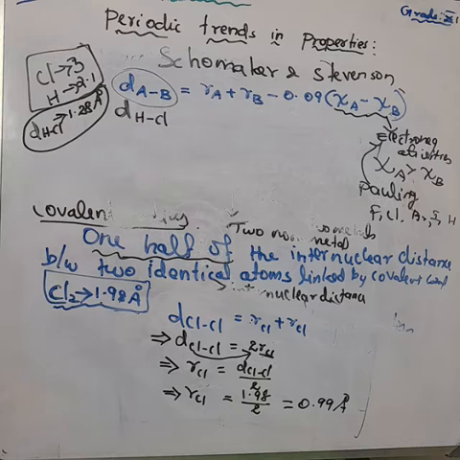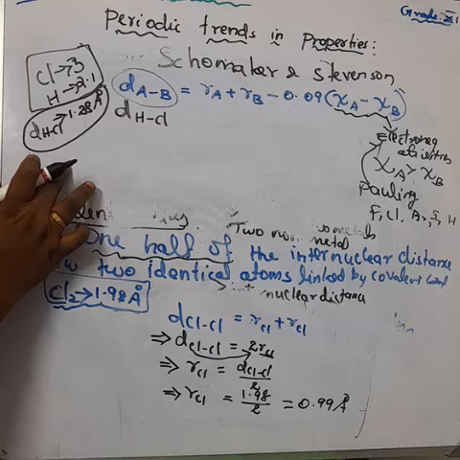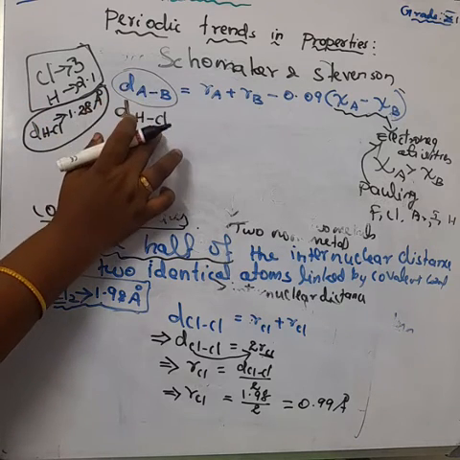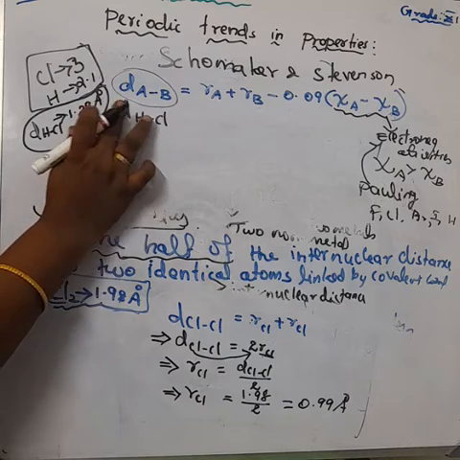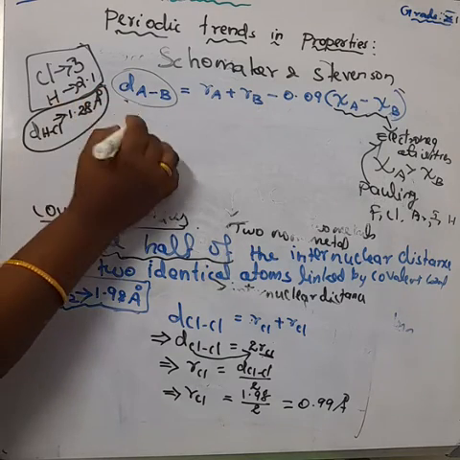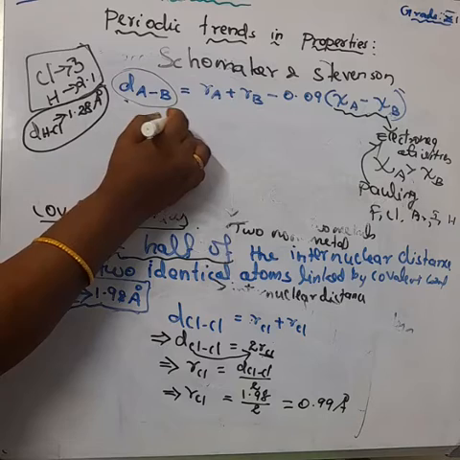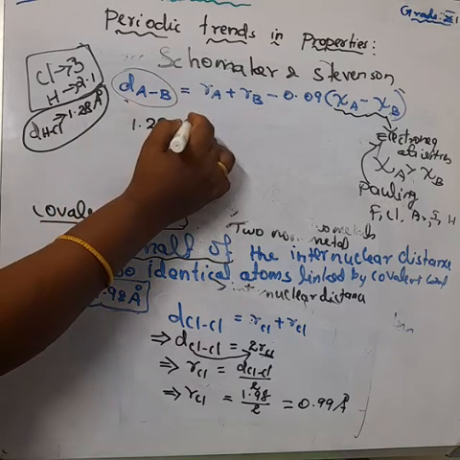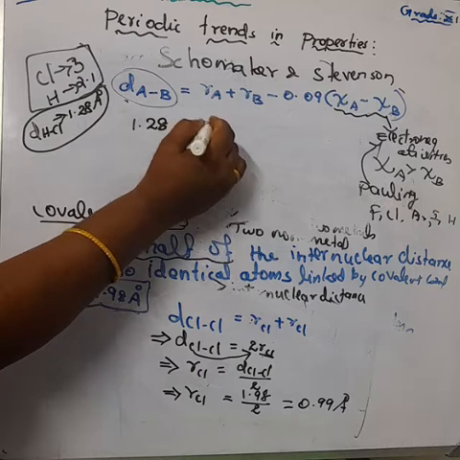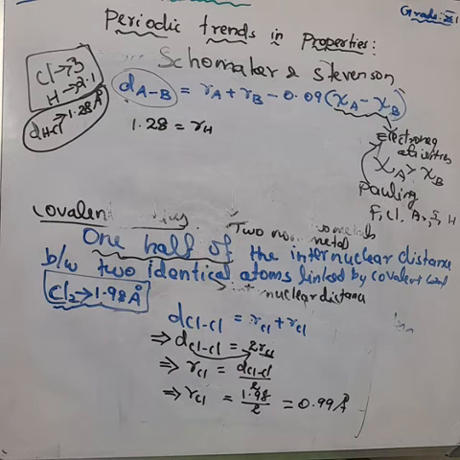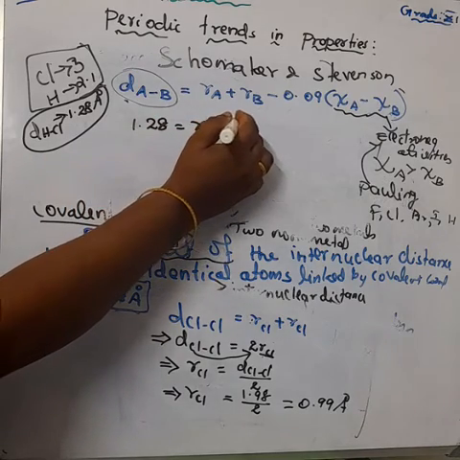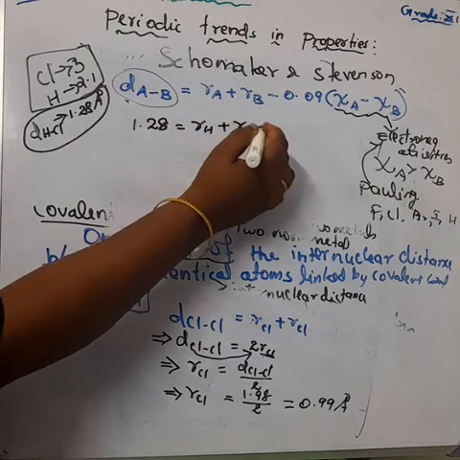So what are the given values here? In the formula D_AB, the value is 1.28, the internuclear distance between hydrogen and chlorine, proved experimentally. R_A means the covalent radius of the hydrogen atom, and R_B means the covalent radius of the chlorine atom.